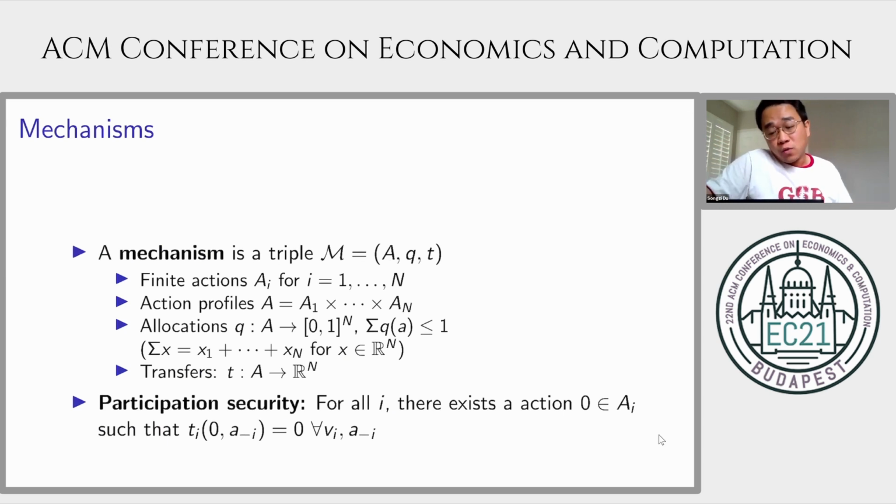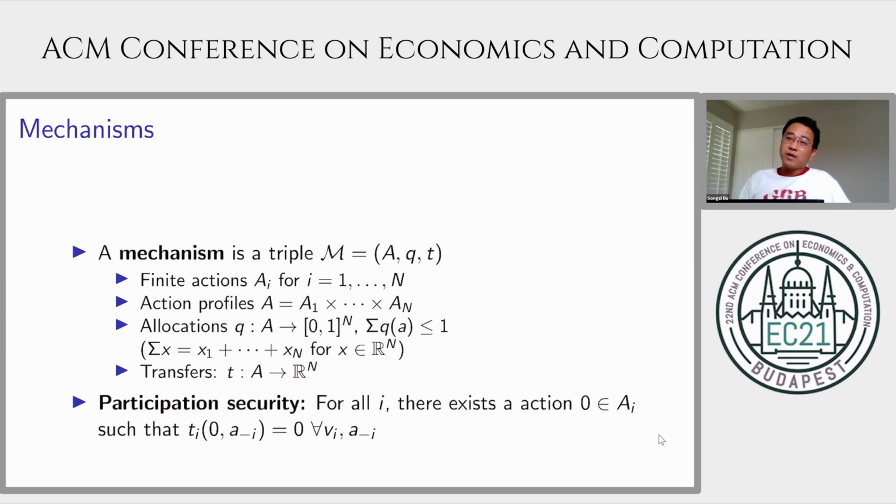We assume there is a way to opt out of the mechanism, so there exists an action, let's call that 0. When you submit 0, you pay nothing. You may still get some positive allocation, but that's fine from your perspective because your value is weakly positive.